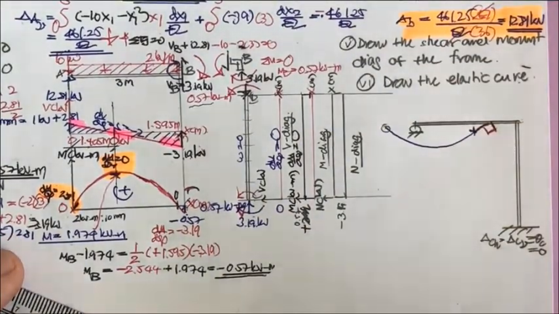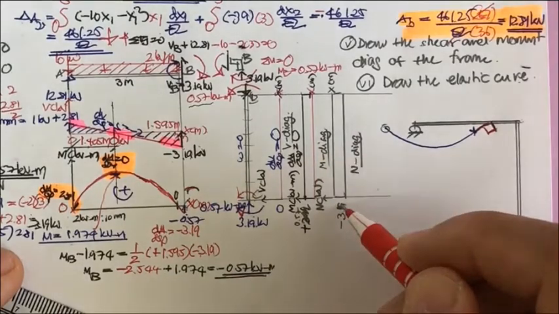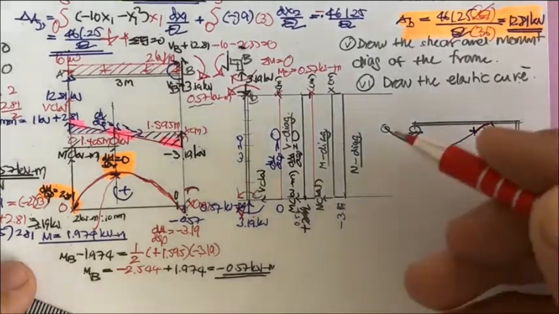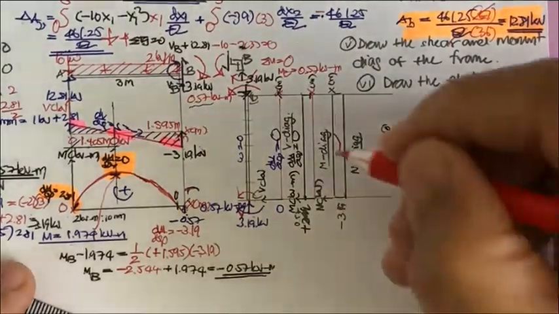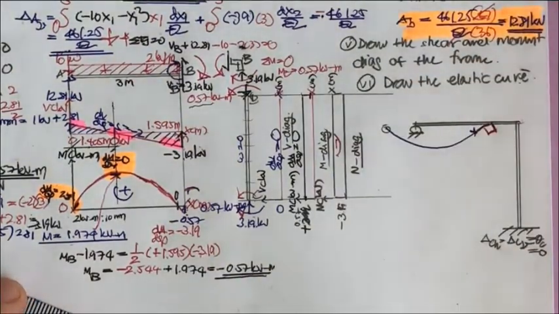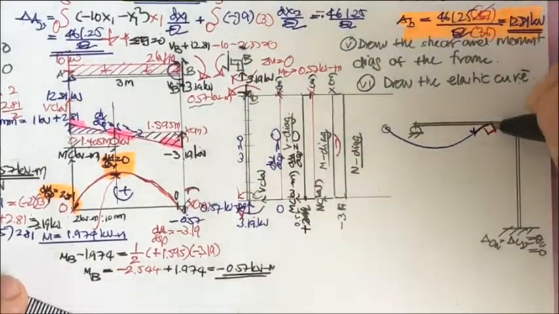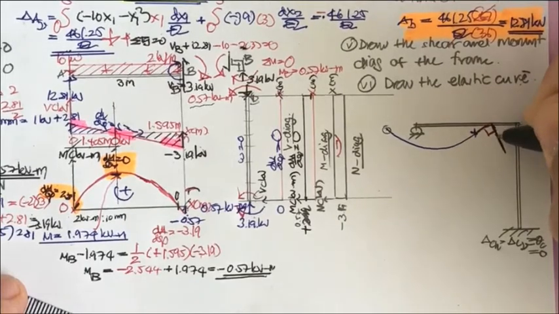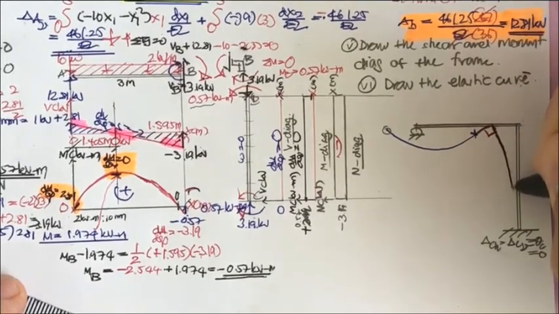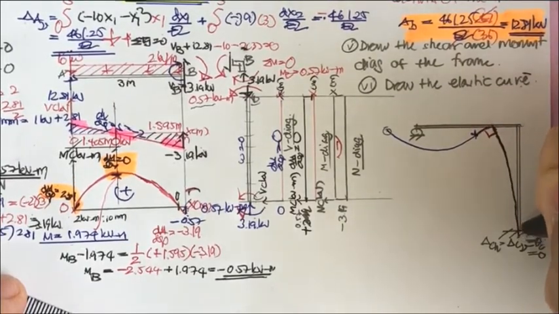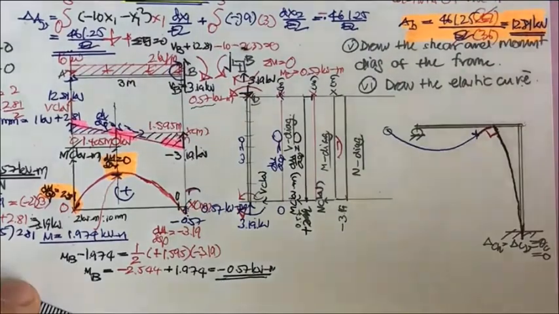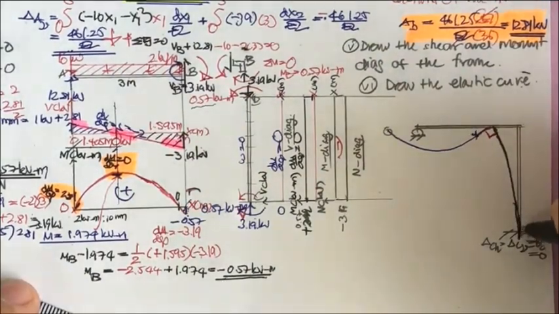Okay, and this one, you may see this is negative, right? This is negative, so this one is going to curve like this for negative moment. And then this one is going to curve and have the compatibility, and have the boundary condition here.